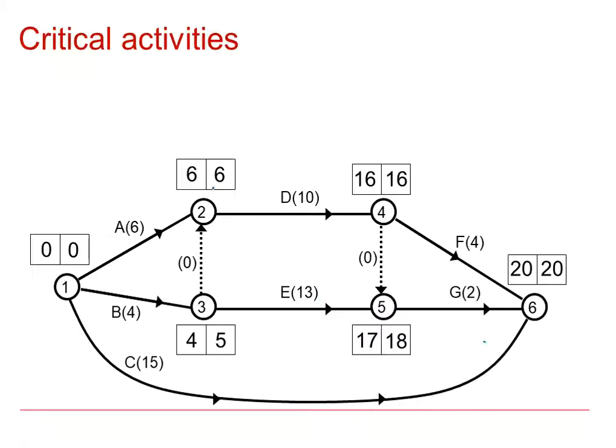If we look at D, its start times are both 6, its finish times are both 16, and its duration is 10. 16 take away 10 is 6, therefore D is critical, and we see the same with F. Its start times are both 16, its finish times are both 20, and its duration is 4. 20 take away 4 is 16, so F is also critical.